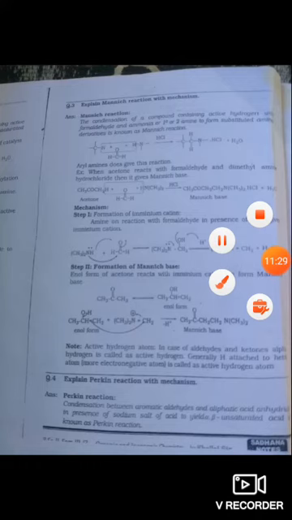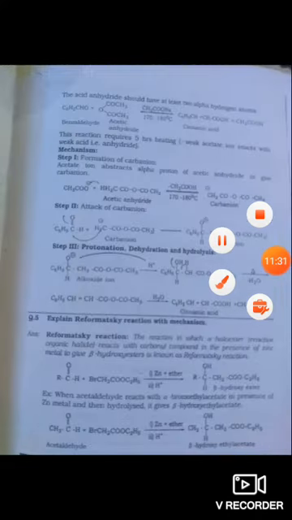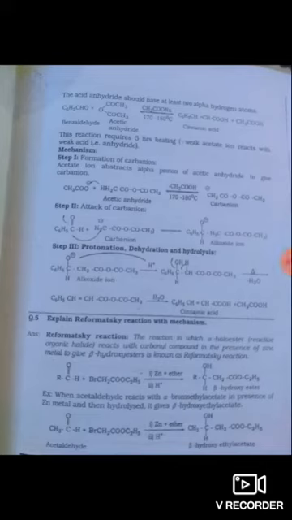The acid anhydride should have at least two alpha hydrogen atoms. When a benzaldehyde molecule reacts with acetic anhydride in the presence of the sodium salt, cinnamic acid is formed. That is your product, with acid as a byproduct.